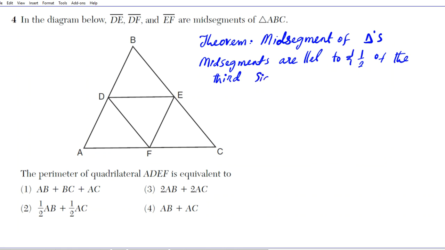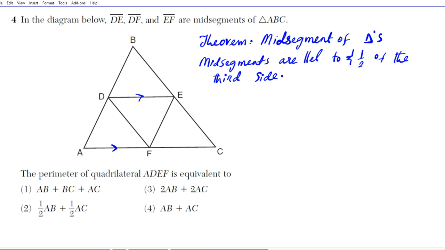Okay, so with that in mind, since we're looking for ADEF, we're going to focus on this mid-segment right here and this mid-segment right there. Okay, so based on this theorem, we know that DE is going to be parallel to AF and is going to be half of AC.